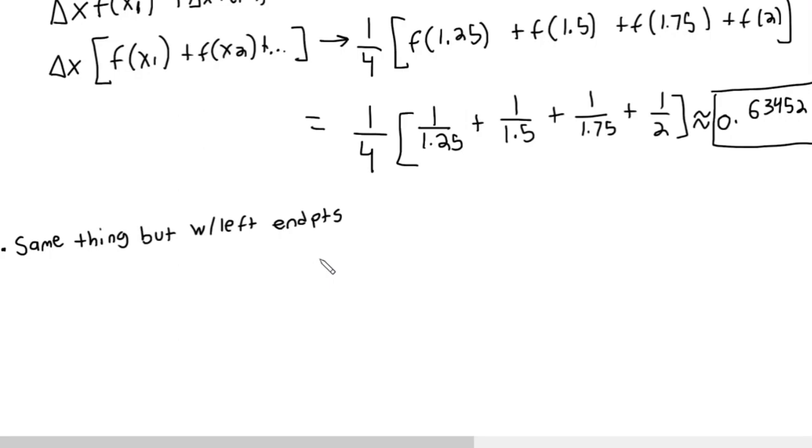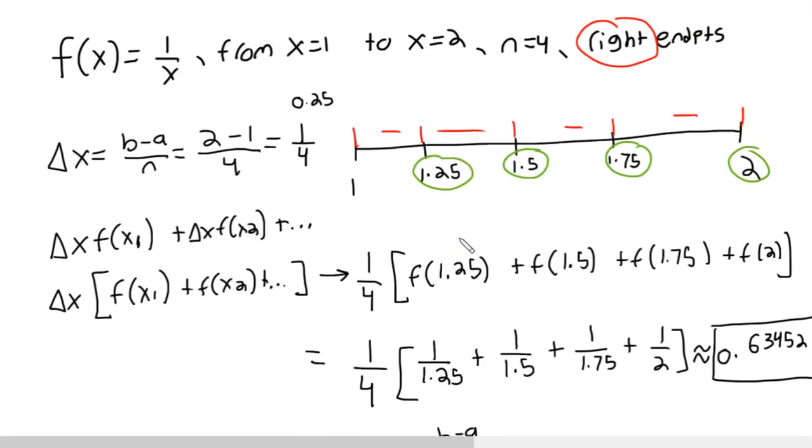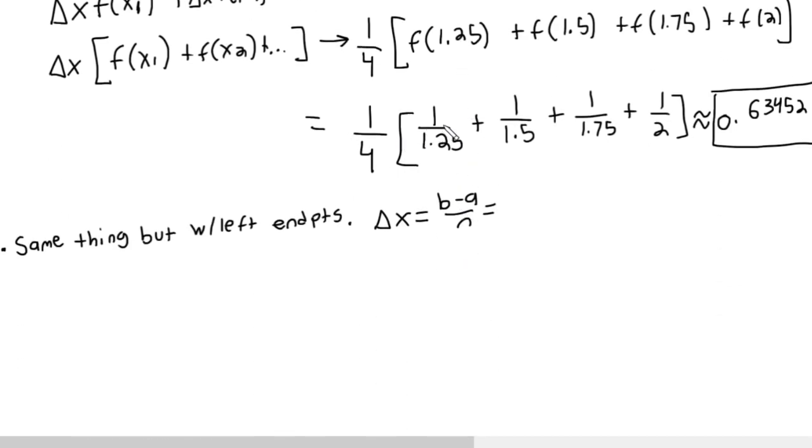And again, if it's endpoints, then you would just draw a line straight up from the values. If we were using the right endpoints, I would draw a line straight up from 1.25, from 1.5, from 1.75. But again, it's up to you. So my delta x is going to stay the same. Remember, it's b minus a over n, and my b value was 2, and my a was 1.